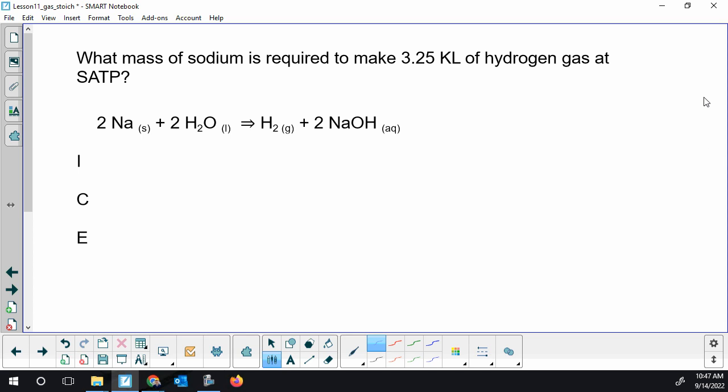Again, this usual organizational tool, initial, change, and end amounts. Where am I going to start? So mass of sodium is the question, so that's where we're going to end up.